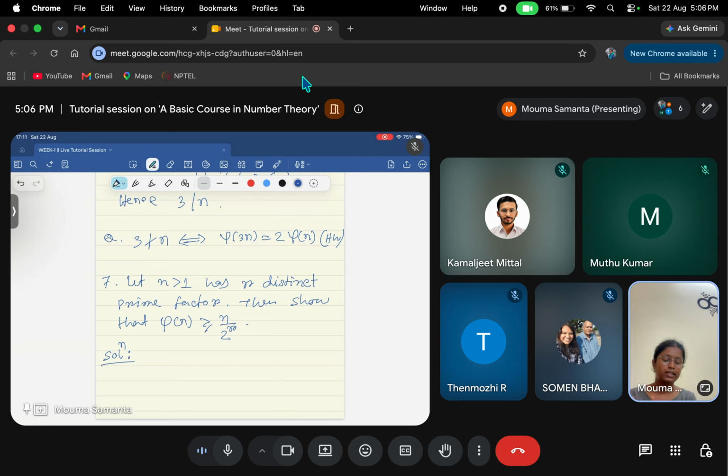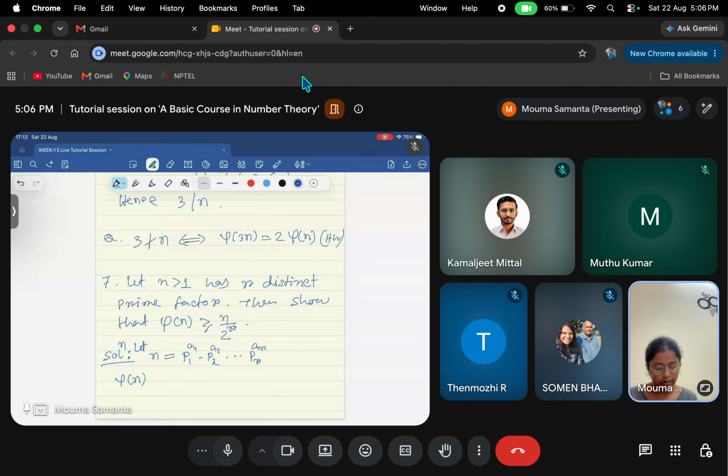So n is greater than 1 and n has r distinct prime factors. That means what will be the prime decomposition of n? It will have this kind of form: p1 power a1 into p2 power a2 up to pr power ar. Since n has r distinct prime factors, we can write the prime decomposition of n in this way. Okay. So from here, what can you say?